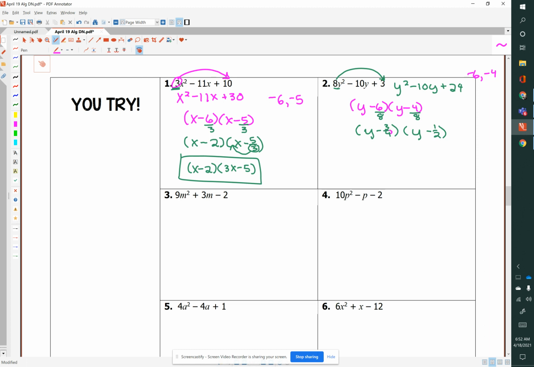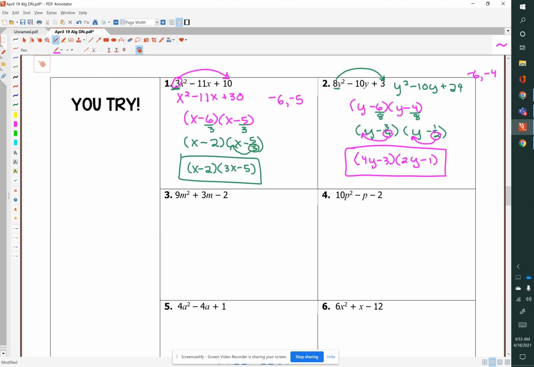So I'll take the 4, slip it in front of the y in the first expression, take the 2, slip it in front of the y in the second expression to give me 4y minus 3, 2y minus 1 as our final answer.